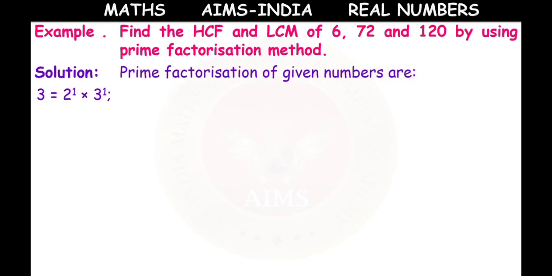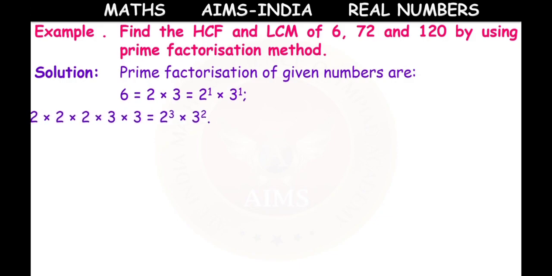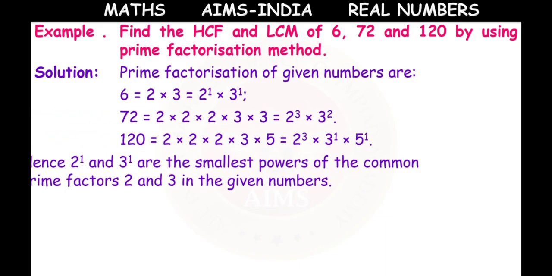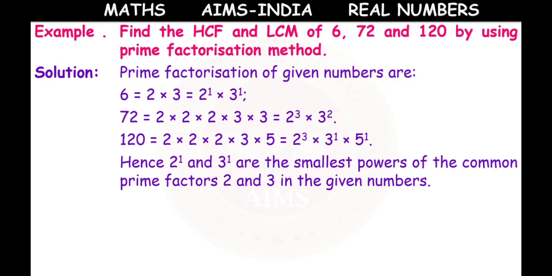So prime factorization, 6 we have written, 72 we have written, 120 we have written. So what are the smallest powers? 2 power 1, 3 power 1, 5 power 0, because in 6 there is no 5.